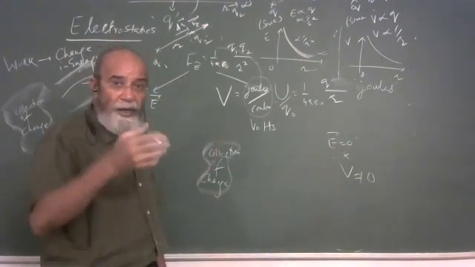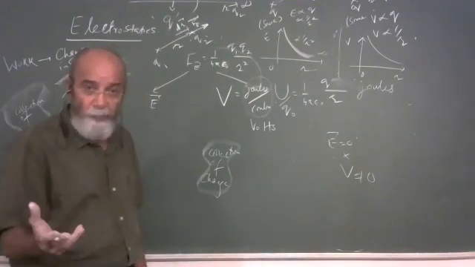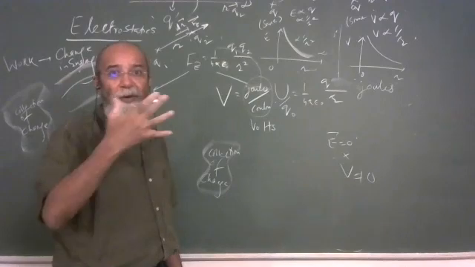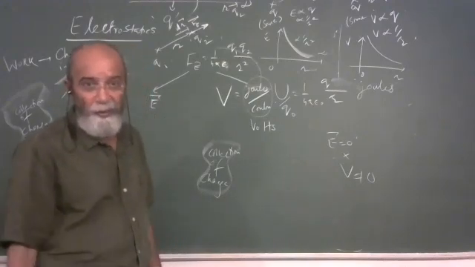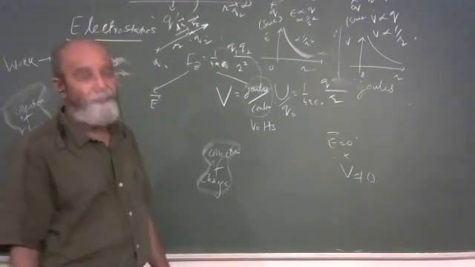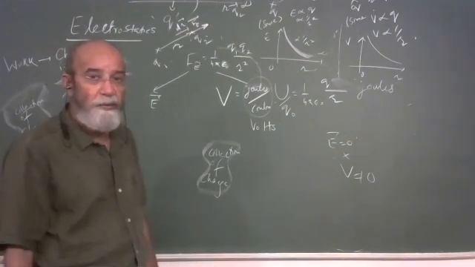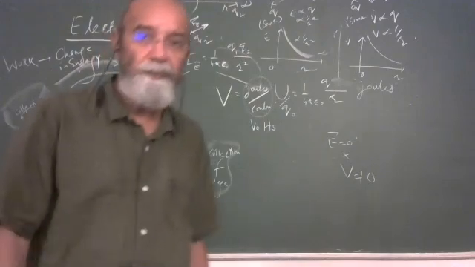When I find the electric field and potentials at various points, you will find points where E is 0, but V is not 0. This is a fantastic thing. The concept has been developed like that.